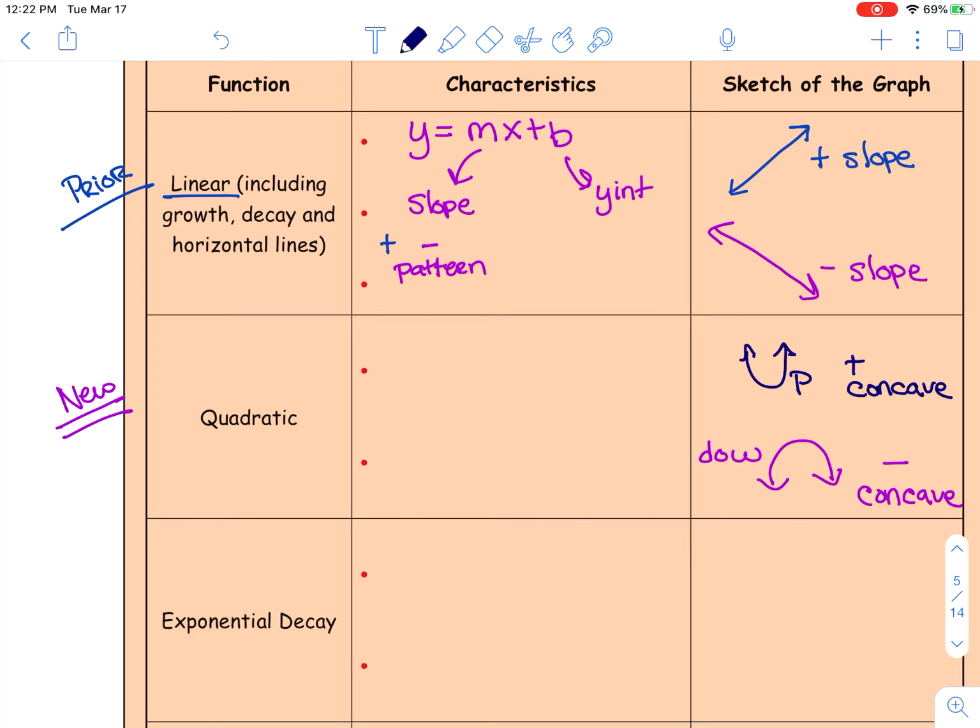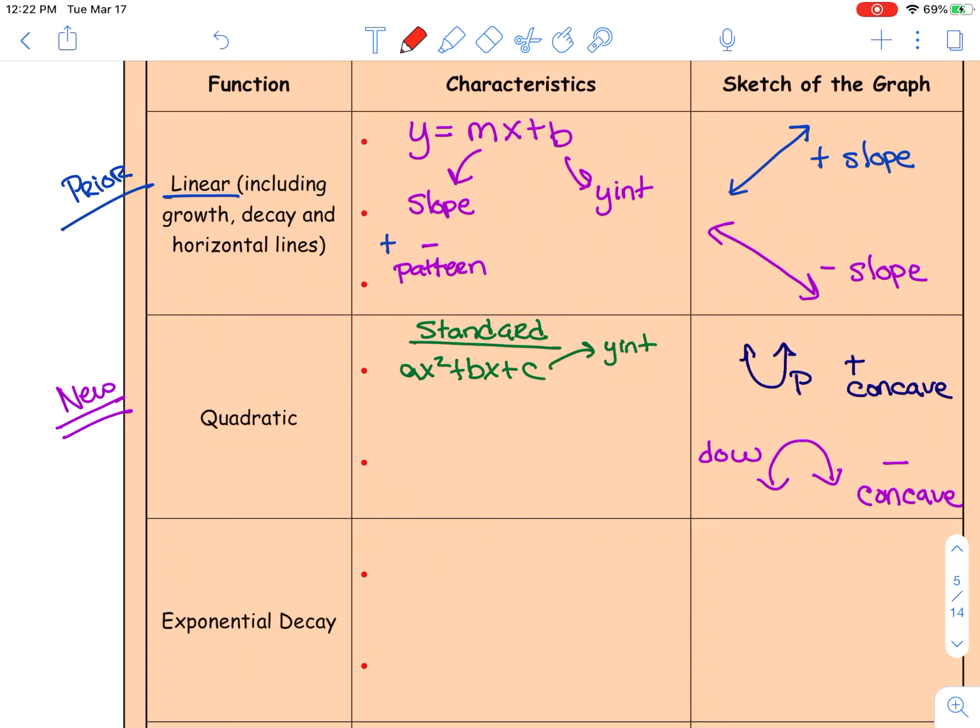And we have two different formulas for this. We have standard form, which you've seen before. You saw it when we were factoring. And standard form is ax squared plus bx plus c. Okay, where c is our y-intercept.